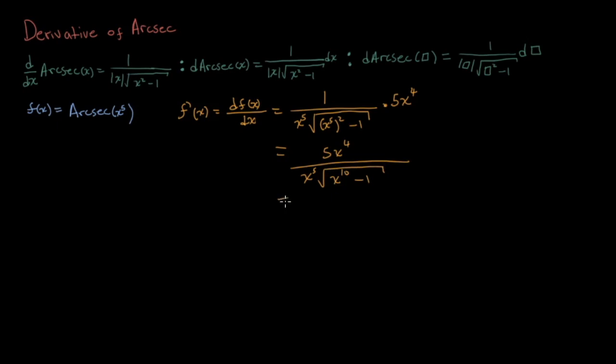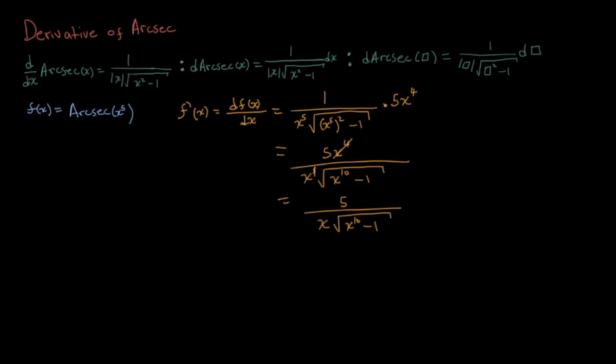Now notice how these x's cancel out, and we are left with 1x here. So as the final answer, 5 over x times the square root of x to the power of 10 minus 1. And that would be the final answer.